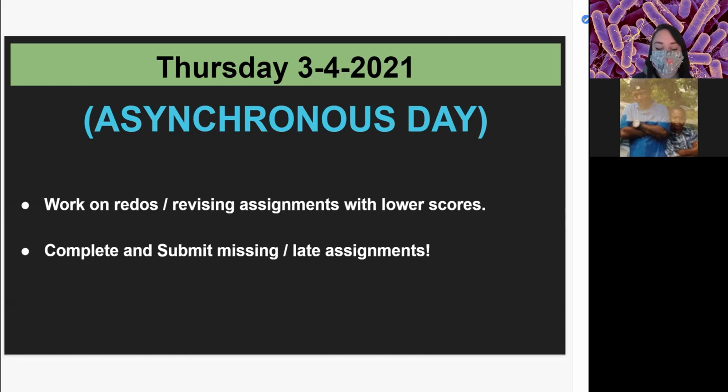If you have a 3 or a 4, you're good. If you don't have a 3 or 4, then use that time Thursday to redo assignments that have lower scores and resubmit them. Finish and submit any missing assignments that maybe you forgot about or never got to, okay?